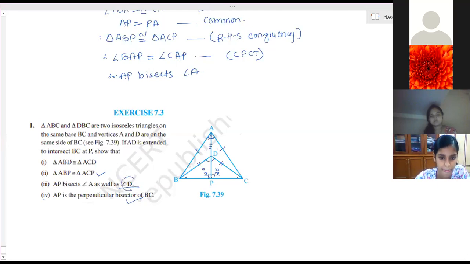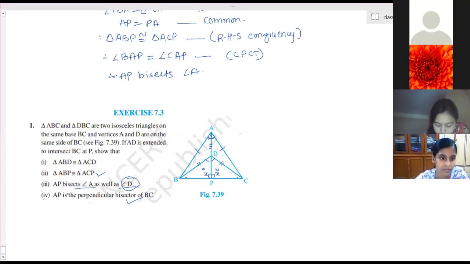For this part, first ABD and ACD congruency by SSS. Done. From that, BAP and CAP are equal.